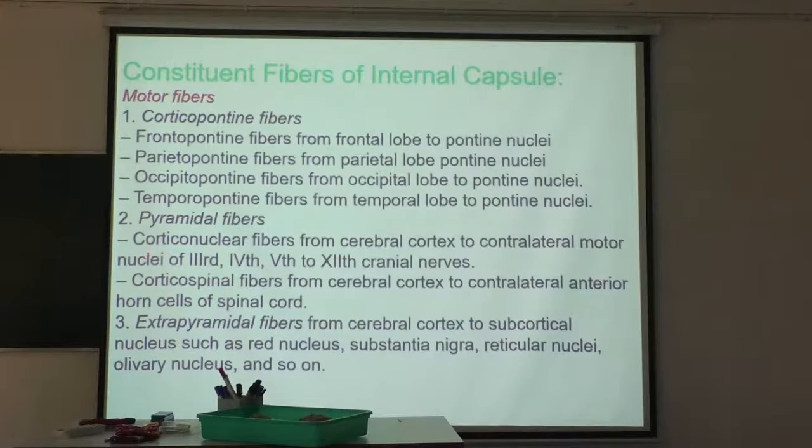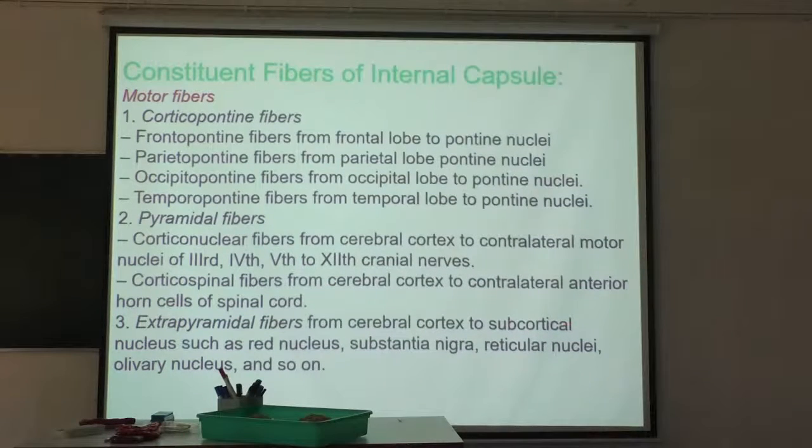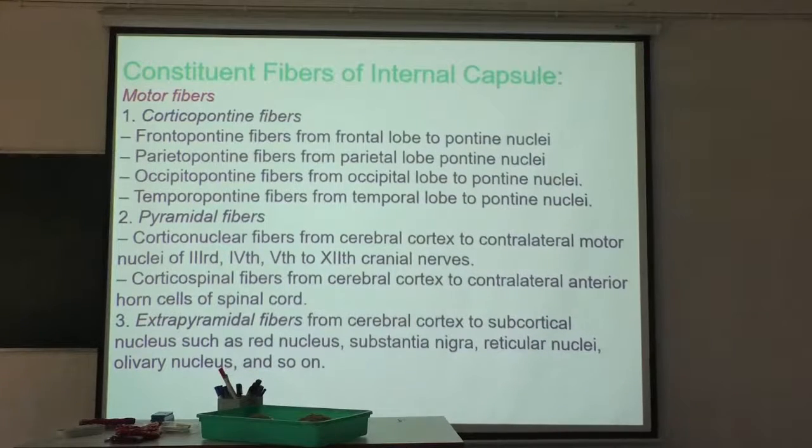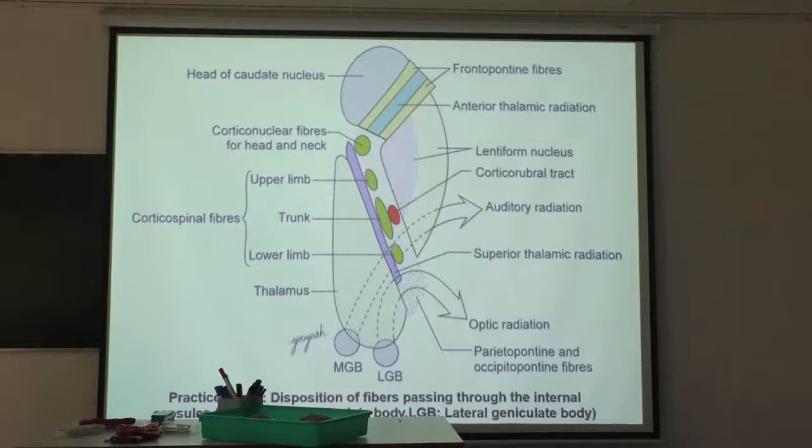Pyramidal fibers are corticonuclear fibers from the cerebral cortex to the contralateral motor nuclei of the 3rd, 4th, 5th and 12th cranial nerves, and corticospinal fibers from the cerebral cortex to the contralateral anterior horn cells of the spinal cord. Next are extrapyramidal fibers from the cerebral cortex to the subcortical nuclei, such as red nucleus, substantia nigra, reticular nuclei, olivary nuclei, and so on.